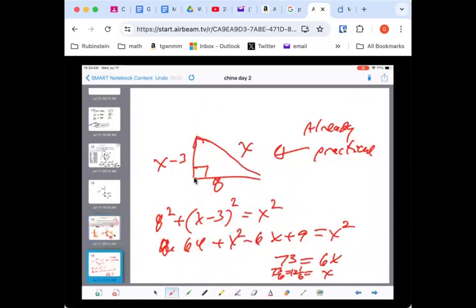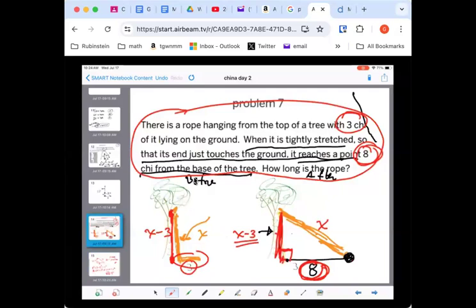Anyway, does anyone have any questions either about how to solve it once it's set up, or about why I have an X minus 3 here? I did something wrong when I was doing it. Yes?